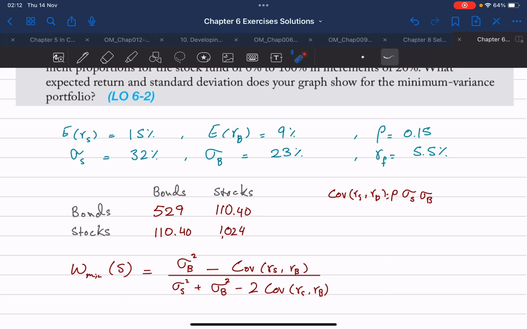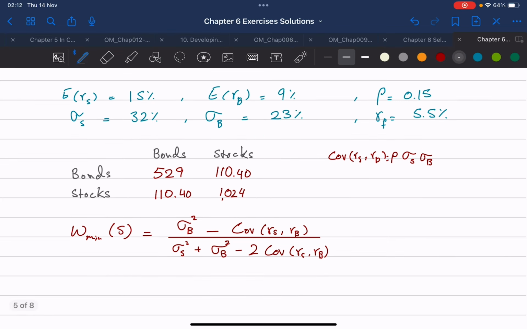And again, the standard deviation of the bond fund squared we substitute here. Then we also have the covariance, which is this, but here we're going to multiply it by 2. All right, so let's do that.